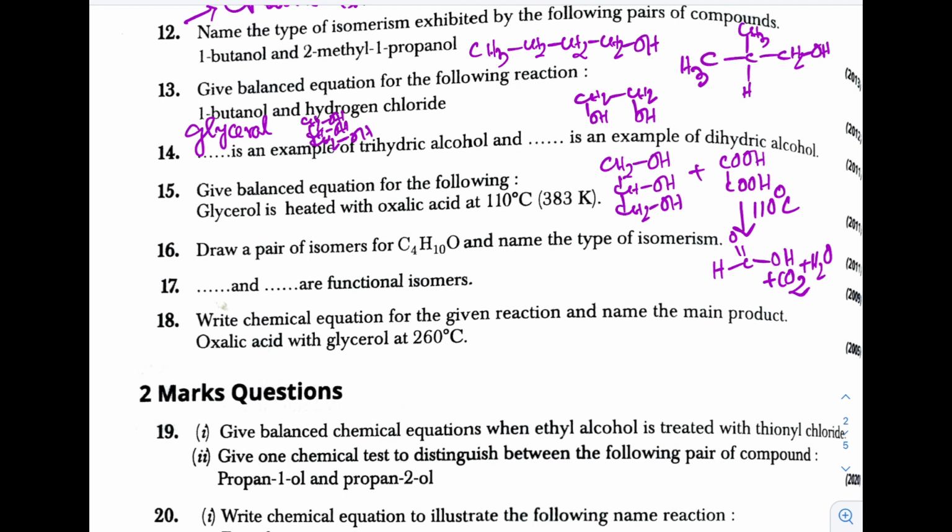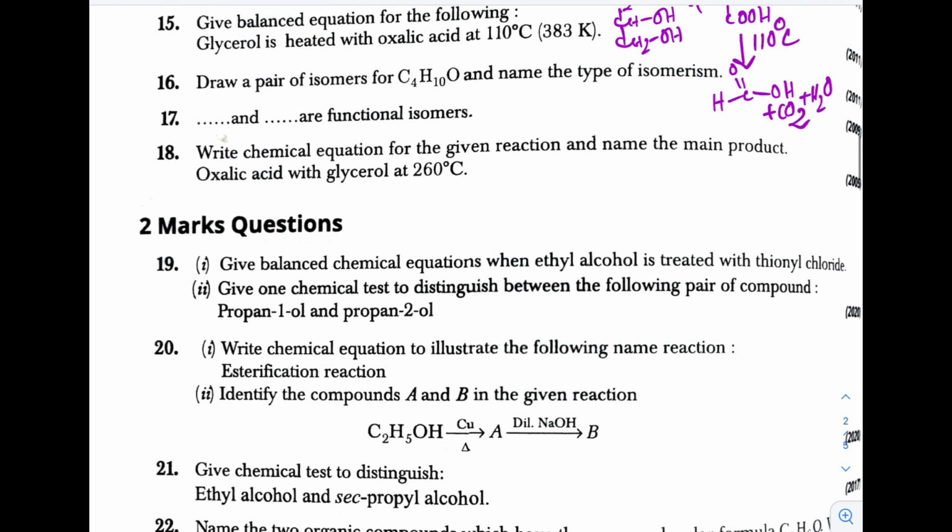It will again produce the same thing, formic acid, water and carbon dioxide, because at high temperature the product will not change. The reaction will be much faster, that will be the change, but the product will remain the same. Formic acid will be formed along with water and carbon dioxide.